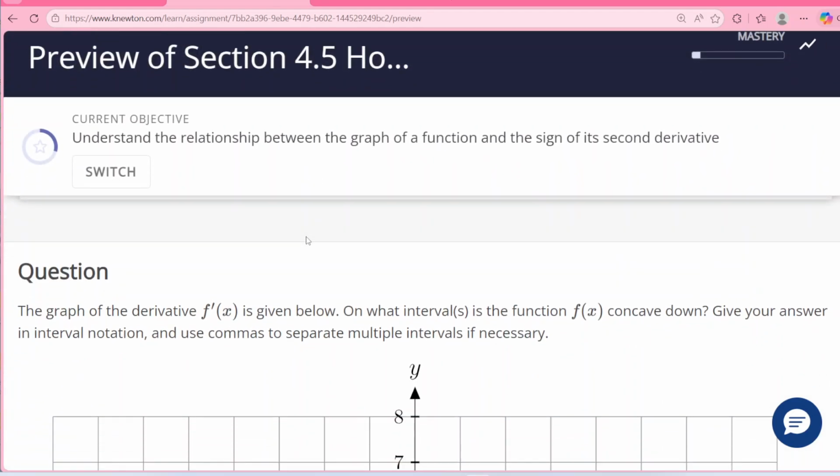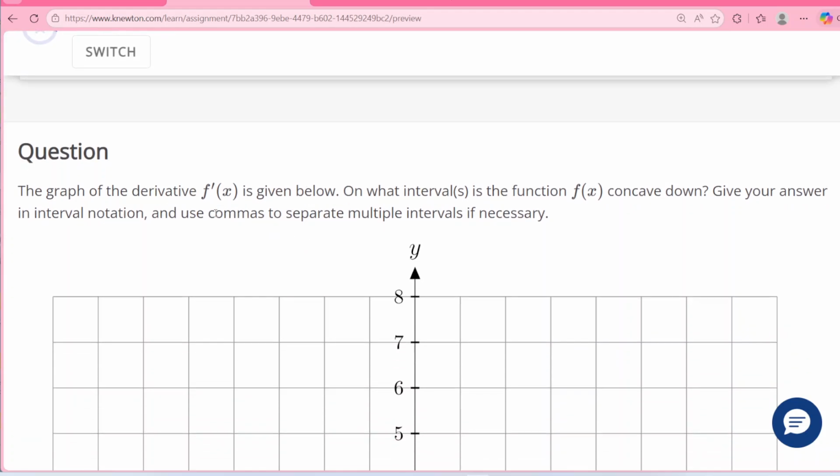All right, so back to this one where you're given a graph. All right, so look, this is the graph of f prime, not f or f double prime. Now, I pointed this out in the discussion at the opening of the video. Wherever f prime is increasing, so where the graph of f prime is going up, that's where the second derivative will be positive, and where the original graph will be concave up.